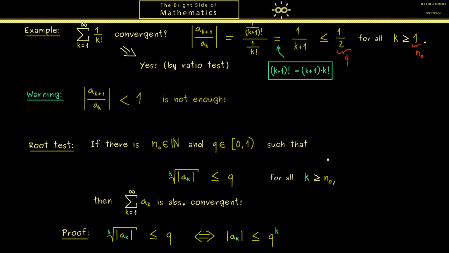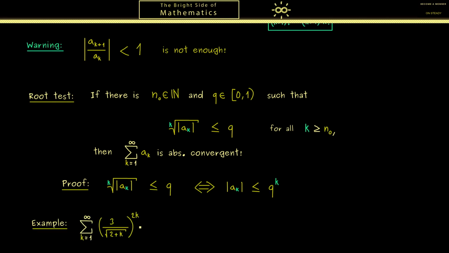Let's simply demonstrate that with an example. So here we have a maybe complicated looking series, but there's a power involved. Hence the root test could be suitable to answer the question if this series is convergent. So for the coefficient we take the kth root. Then the power cancels out and only the power 2 remains.